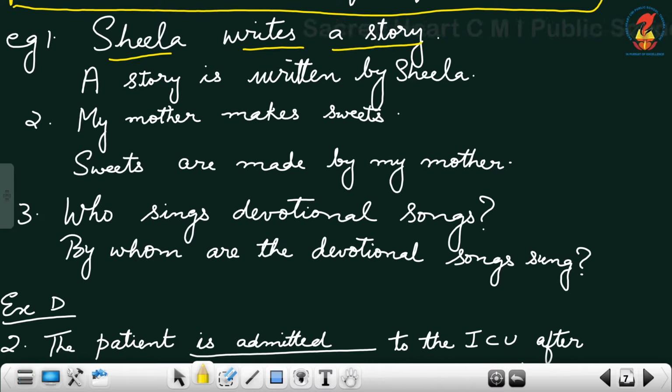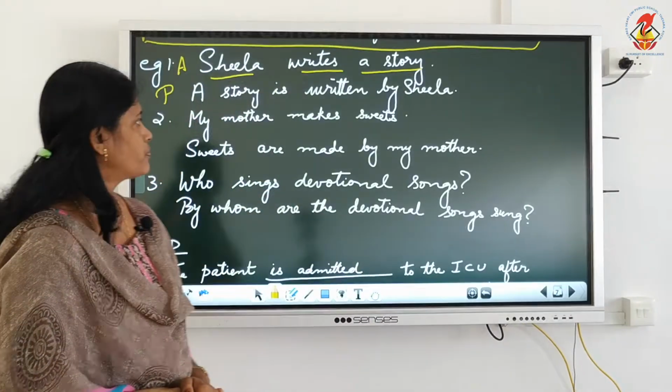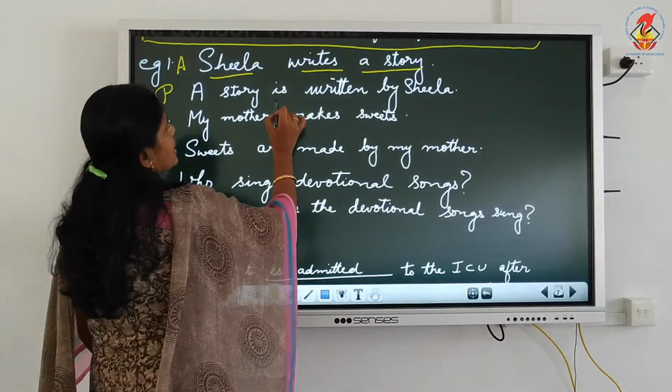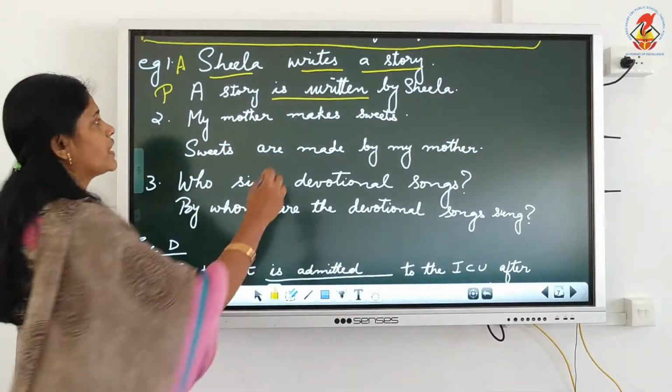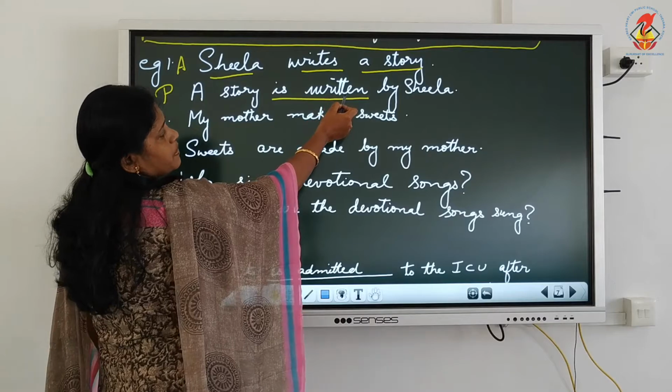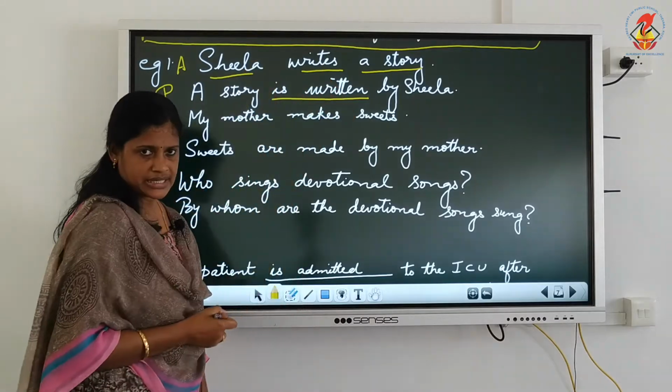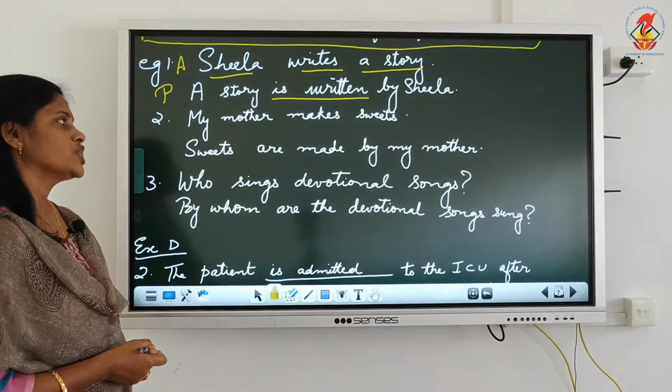Okay, so this is active voice. When you convert it into passive voice, what is the rule? Is, am, are plus past participle form of the verb, isn't it? So a story is written. As it is one story, we have used the word is and the past participle form of the verb writes. A story is written by Sheila.